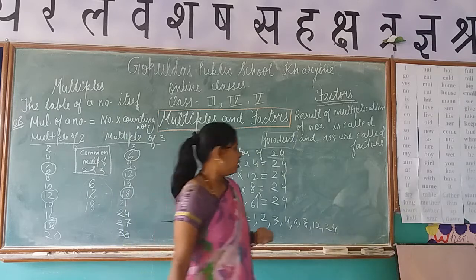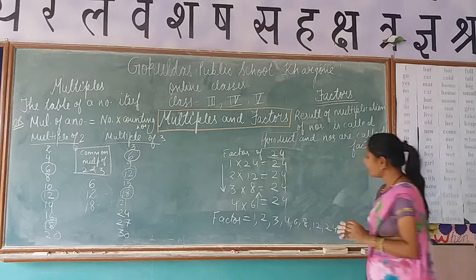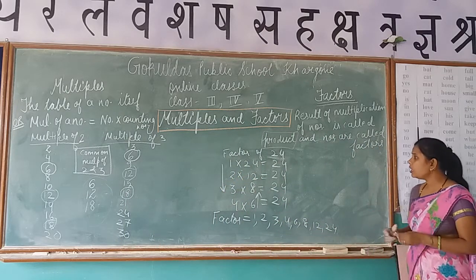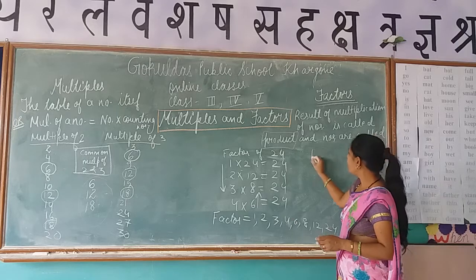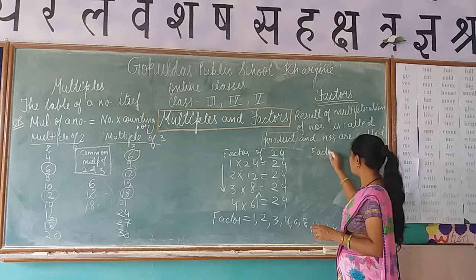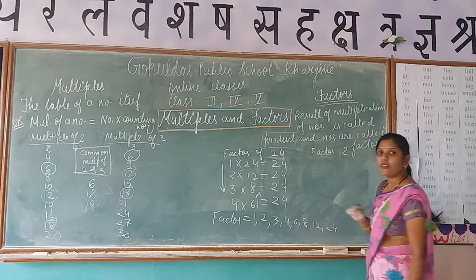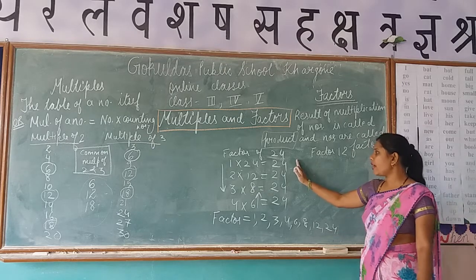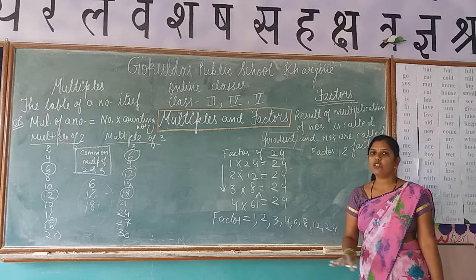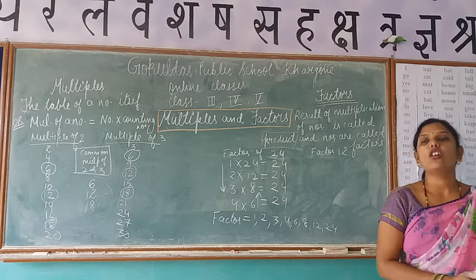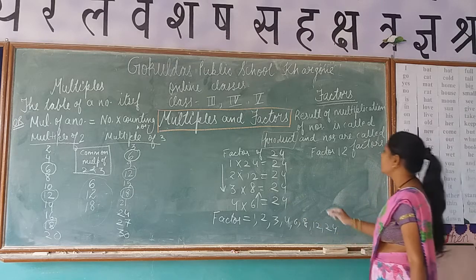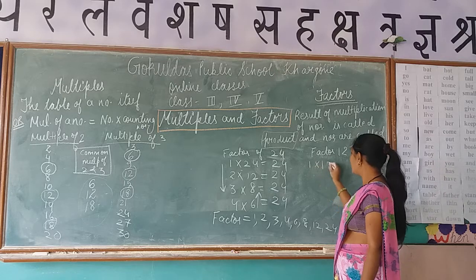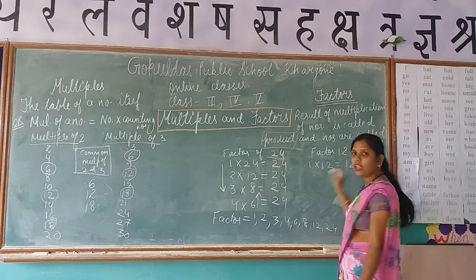Okay, now one more question I am solving here. Here I am writing the factors of 12. In the same manner that we found the factors of 24, we find the factors of 12. So our first step is 1 into 12 is equal to 12.